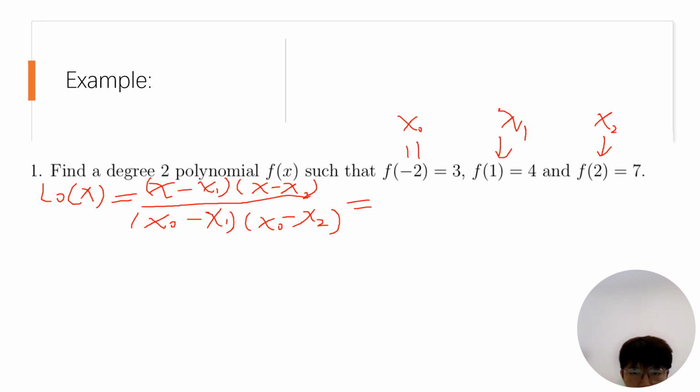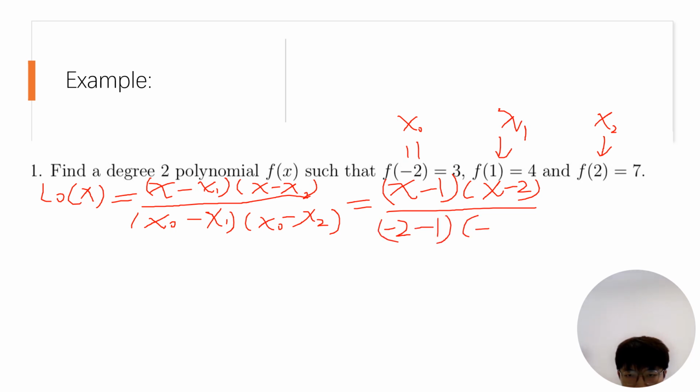So we write this as (x minus 1) multiplied by (x minus 2) over (minus 2 minus 1) and (minus 2 minus 2). This is 12. So L0(x) is equal to (x minus 1)(x minus 2) over 12.